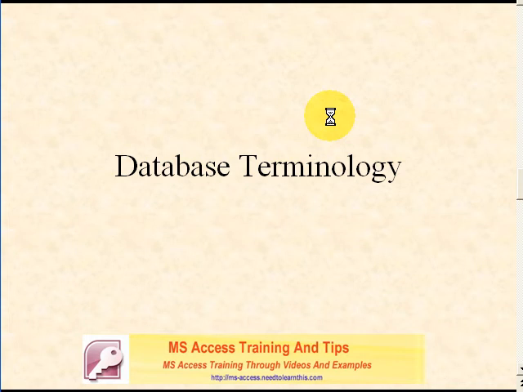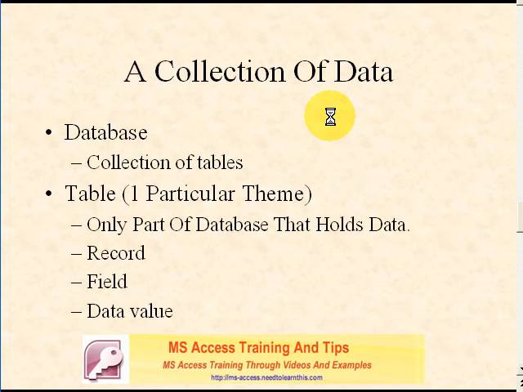Okay, so some database terminology. We have the database itself, which is essentially a collection of tables. The table is the only area of the database that holds actual data, that holds actual records. Okay, the table should be one particular theme. The only part of the database that actually holds your data is the table.